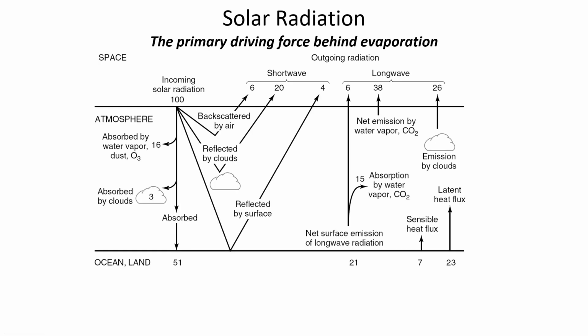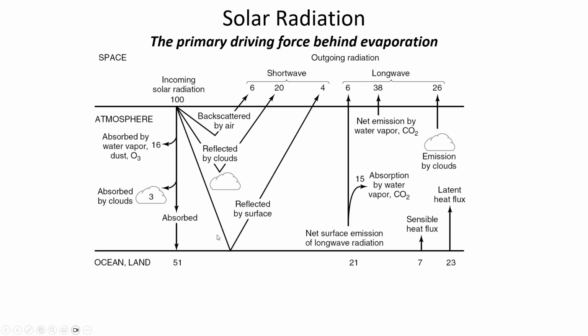This figure illustrates the relative quantities of radiation that's coming in. When the sun is shining on the Earth's surface, if we have 100 units of solar radiation coming in, generally measured in watts per square meter, some of it will be backscattered by air, meaning that before it gets to the surface, it's reflected back to space and hasn't changed from shortwave to long wave radiation.